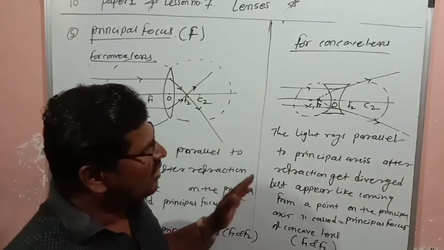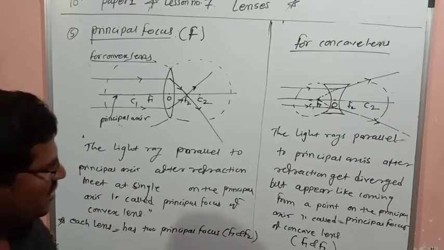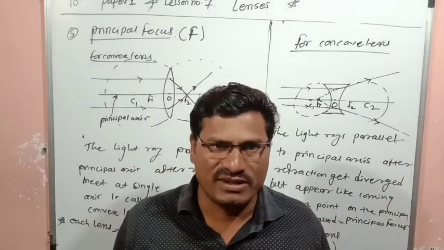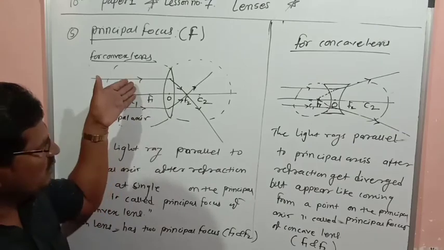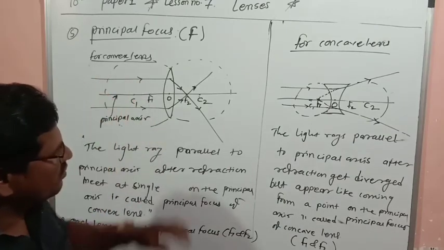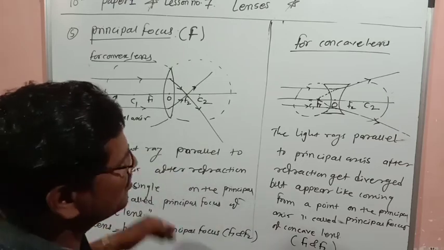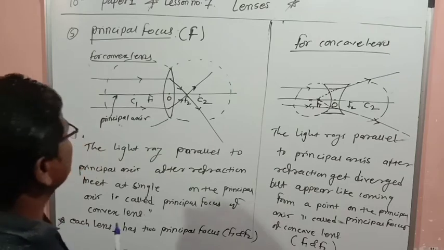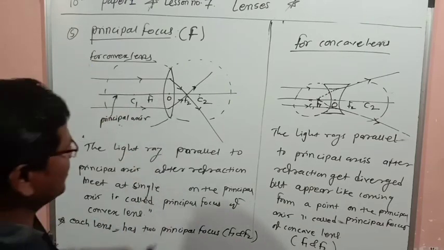Now after this, the next thing we are going to study. One thing you have to remember, principal focus. In sign convention we are going to study it, and it will be clear there. So these terms you have understood. Now the next term we have to study is focal length.